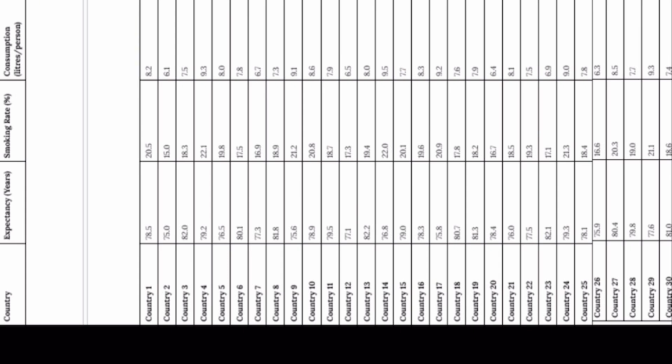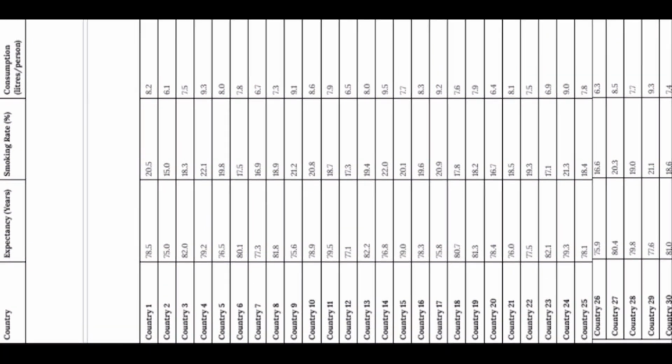Countries selected for this analysis include Canada, United States, United Kingdom, France, Germany, Italy, Spain, Australia, Japan, South Korea, Brazil, Argentina, Mexico, South Africa, India, China, Russia, Turkey, Saudi Arabia, Sweden, Norway, Finland, Denmark, Netherlands, Switzerland, Belgium, Austria, New Zealand, Greece, Portugal.